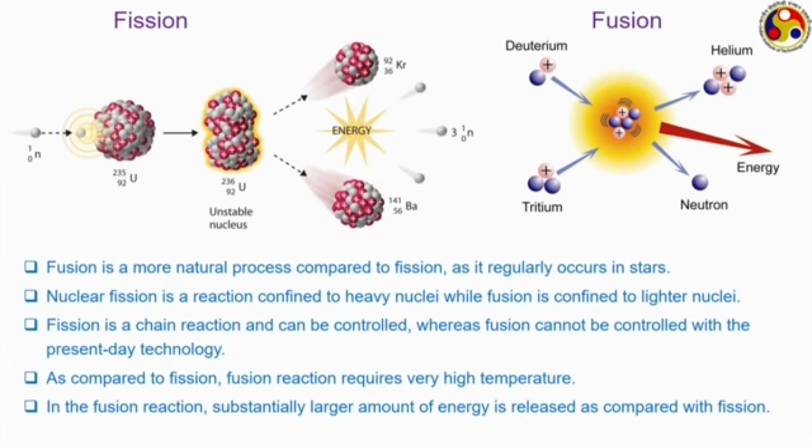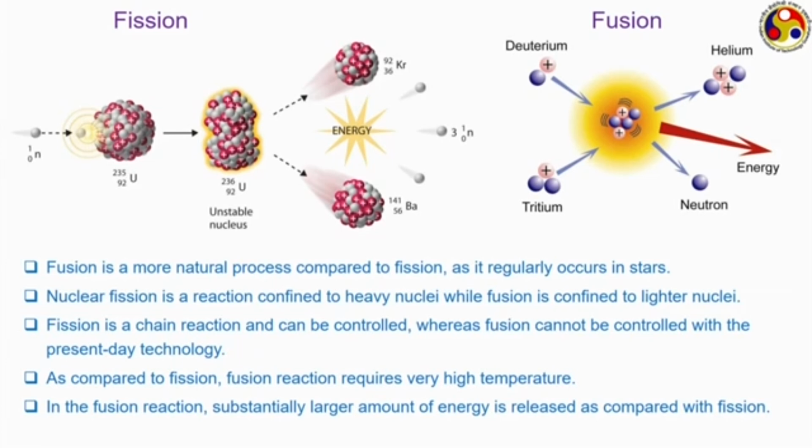On the right hand side of your screen, we have the fusion reaction, where in this particular example a deuterium and a tritium are fused together to produce a helium nucleus, which has a higher mass number and therefore is expected to have higher binding energy per nucleon.